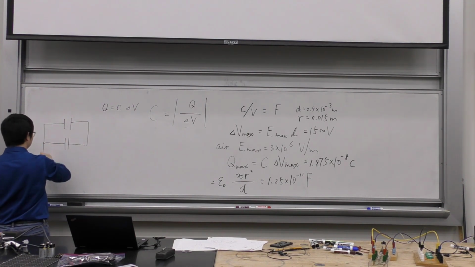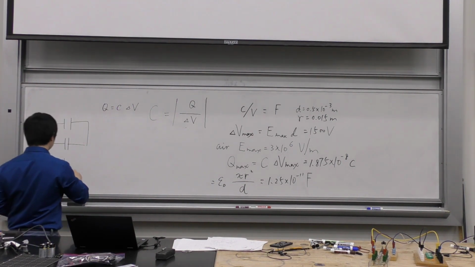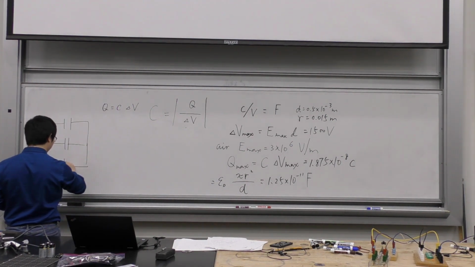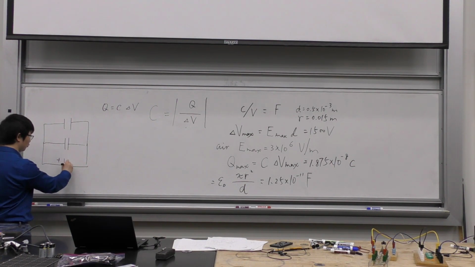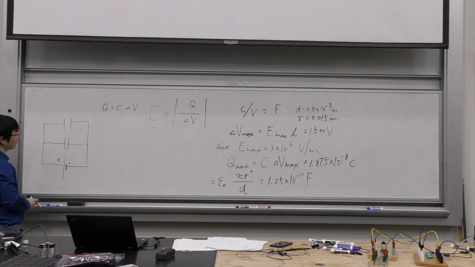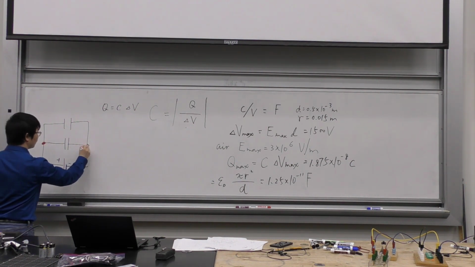And then I connect them to a battery to charge them. So this is the symbol for a battery. We still use two vertical lines, but we make one longer, the other one shorter. The long one is the positive terminal. The short one is the negative terminal. Okay. So that's a parallel connection because you see that both of them are connected to these two points, right?